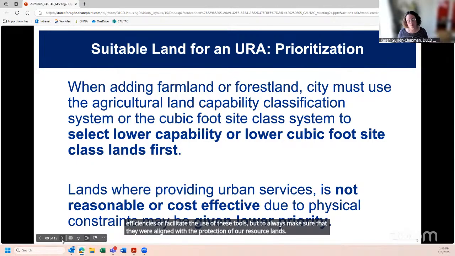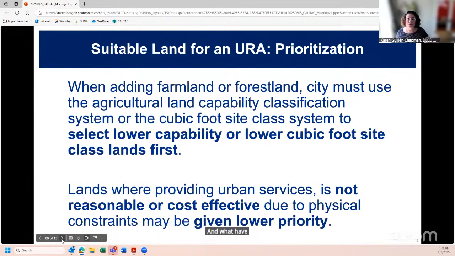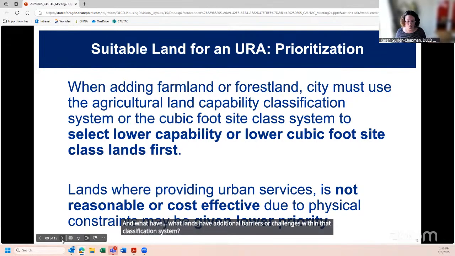And so we've done that by adding this additional information and clarity where we could, and then looking at some pragmatic ways that cities could look at differentiating what might be more easily developed and what lands have additional barriers or challenges within that classification system. And so what we tried to accomplish was, within the priority 1 classification, we understand that if land is very parcelized and it shows a pattern of residential development, like a subdivision, could we have a tiering within that classification?